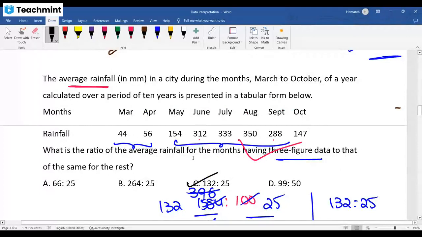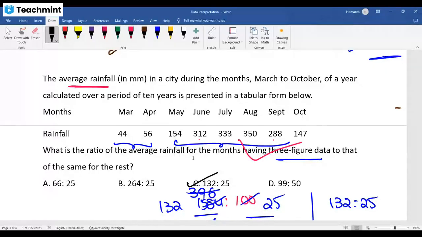Thinking from a broad side, in a month, one day there is different rainfall. The data, March 44, is nothing but the average value in that month. In March, we don't expect the same rainfall every day. Different rainfall; some days there is no rainfall also. The average is 44. Now they are asking the average for the months. Average in a month is 44, 56 individually.